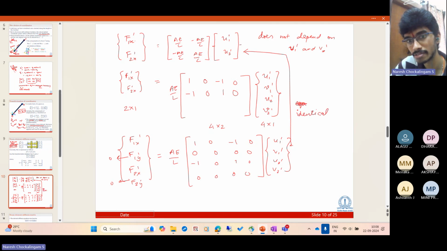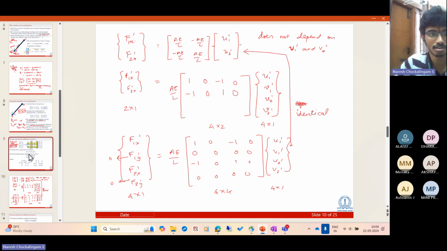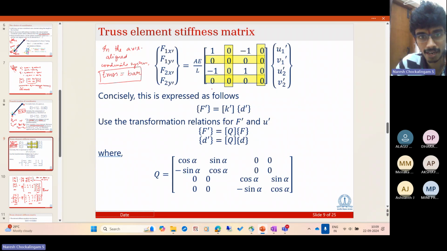We have only added some zeros and made the size of the matrices 4 cross 1, 4 cross 4, and 4 cross 1. So what is this? This is the stiffness matrix that relates the forces in the axis aligned coordinate system with the displacements in the axis aligned coordinate system. So this is the stiffness matrix of the truss member in the axis aligned coordinate system.